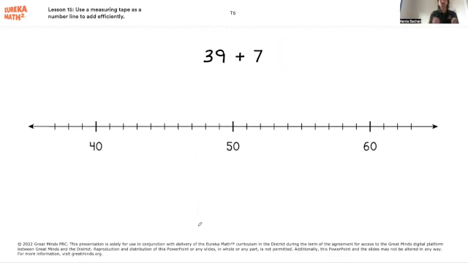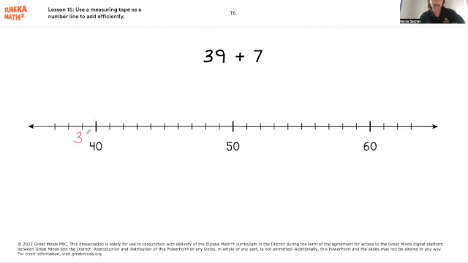So for example, if we're doing a number like 39 plus 7, what we want to do is find the number 39 on our number line first. Well, I see that 40, 50, and 60 are here. Where is 39? Well, I don't see the number for 39, but I remember that 39 is 1 before 40. 1 before 40, that's right here.